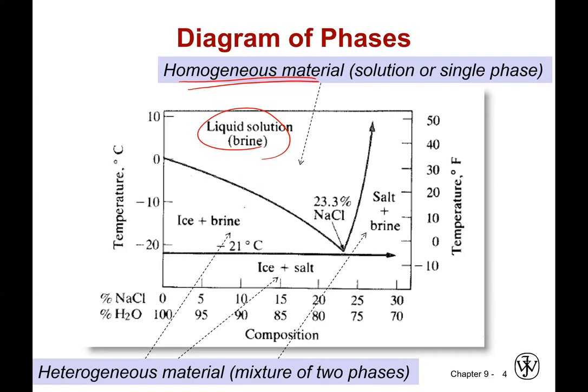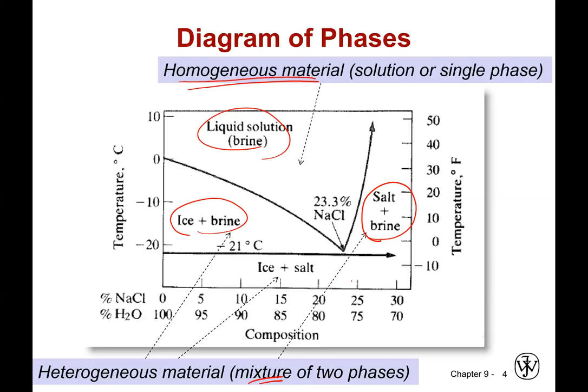The other part of the phase diagram gives us a mixture of two phases, and that's a heterogeneous material that's got more than one phase in it. So I'm going to try and be careful at using these terms, so I'm only going to refer to these two-phase regions as mixtures, and solutions, that word is reserved for single-phase regions.